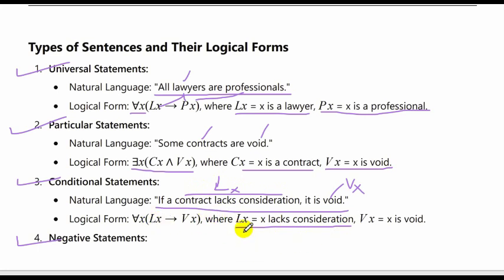So LX is representing contracts that lack consideration. Alright, so for all X, if LX, then VX, that is, if it lacks consideration, then it is void. So it is conditional, if then. This is an OR statement, CX or VX. Some contracts are void. Sorry, this is AND. So if it is a contract and it is void, then it is invalid or void.